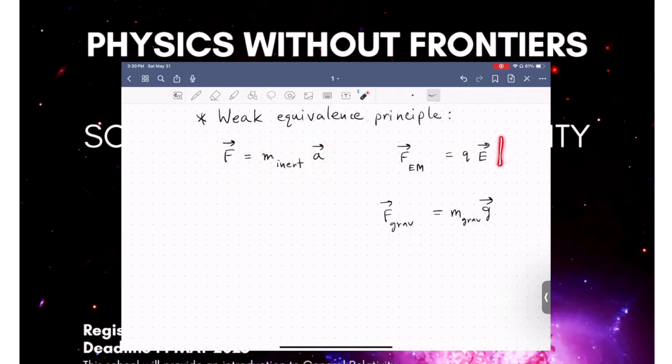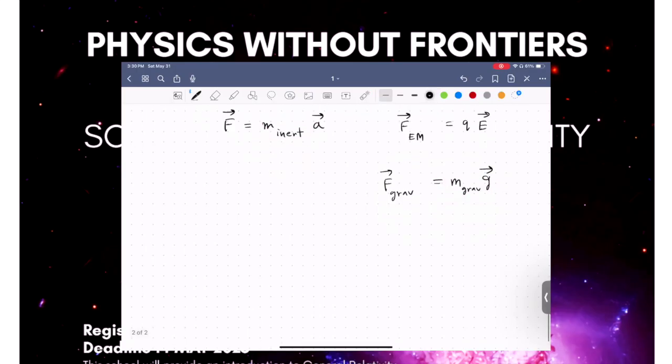So in case of electrodynamics, this charge had nothing to do with its measure of inertia. So in case of gravity, again, you would not a priori expect its gravitational charge or its mass to have anything to do with its inertia. But of course, we know that that's not the case, right? This gravitational mass is exactly the same as the inertial mass.